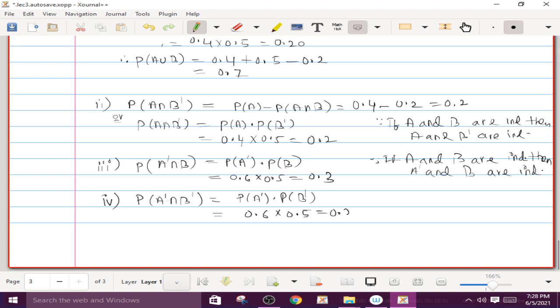So it is 0.30. So the same result we have used here: if A and B are independent, then A complement and B complement are also independent.